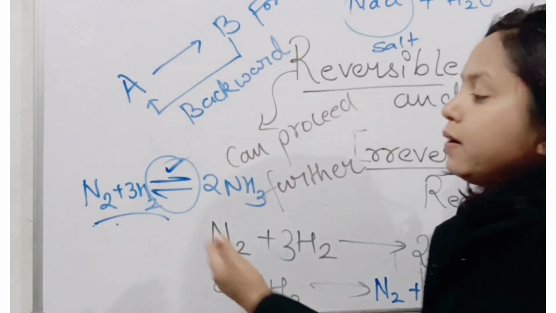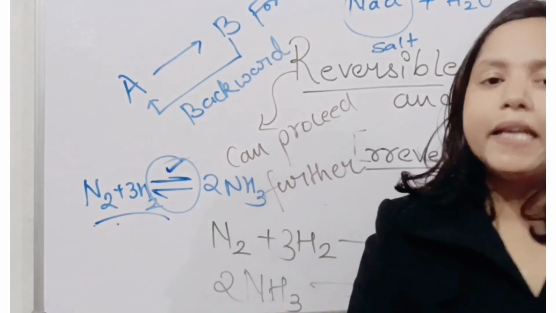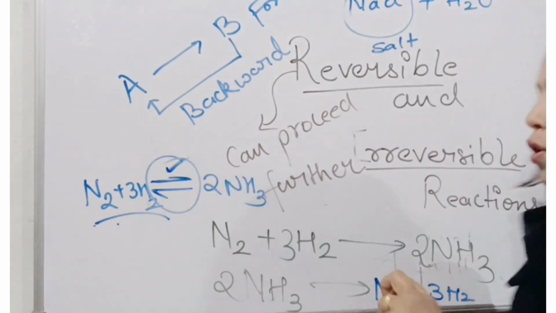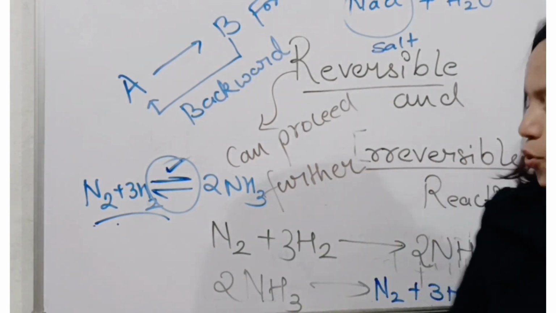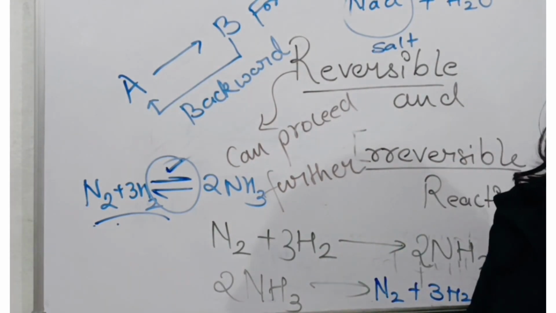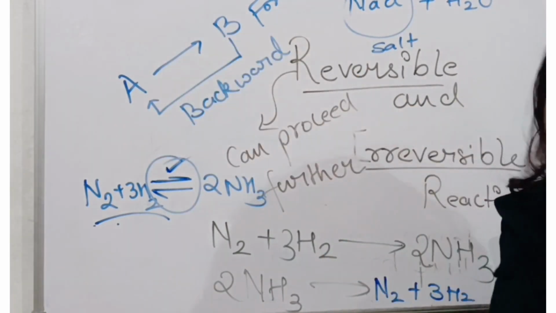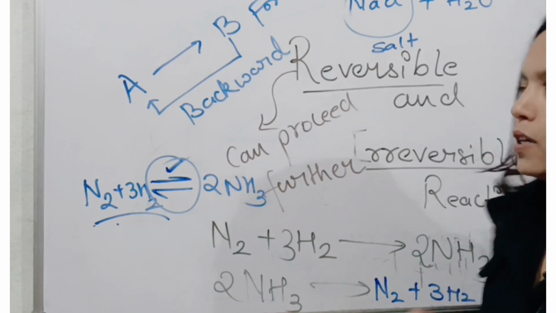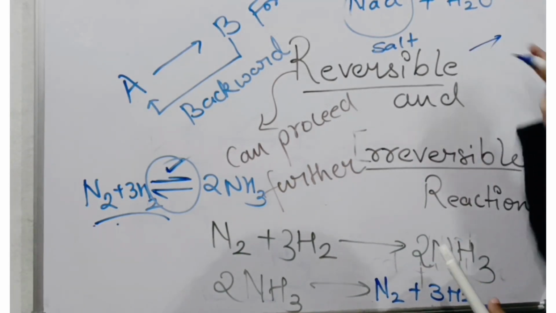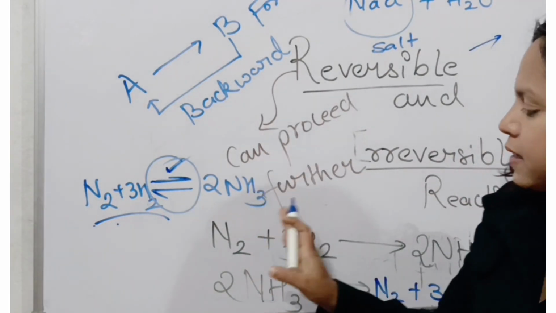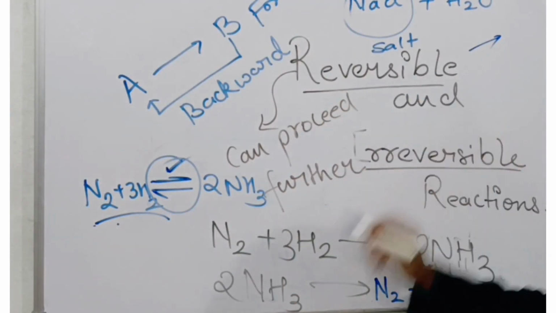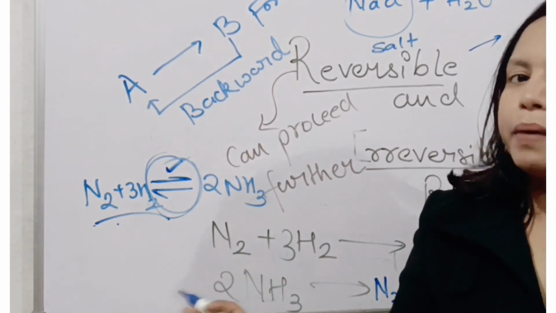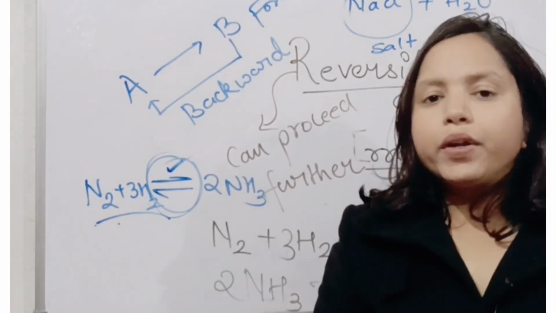By the help of the symbol, you can easily identify which one is reversible or irreversible, because in the case of irreversible reactions, once the reaction has happened from A to B, it will not convert back from B to A, right? So only this type of arrow will show. Whereas in the case of a reversible reaction, this type of arrow will show. So by seeing these symbols, you can identify.